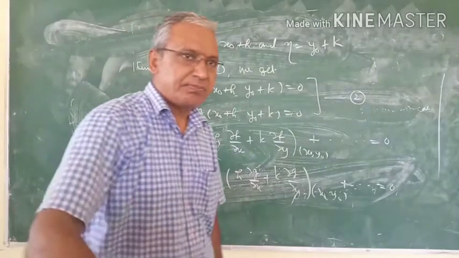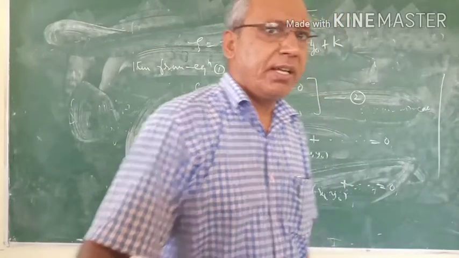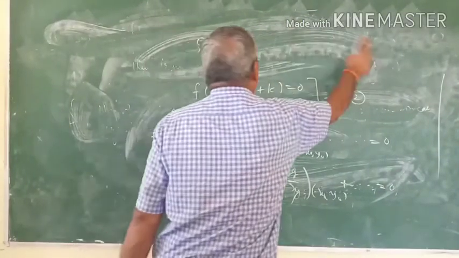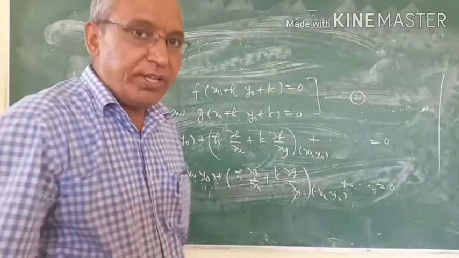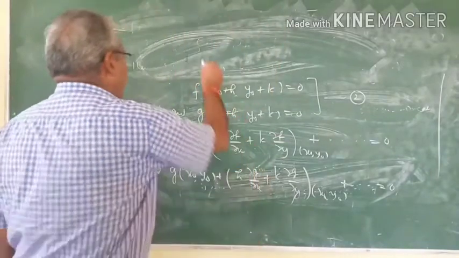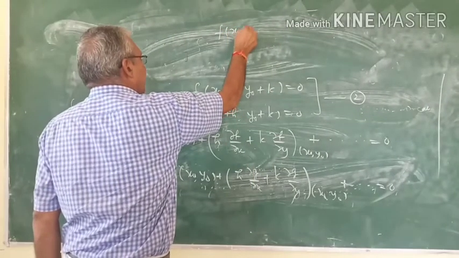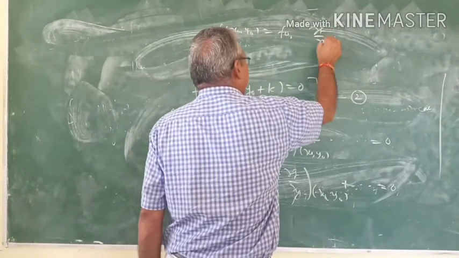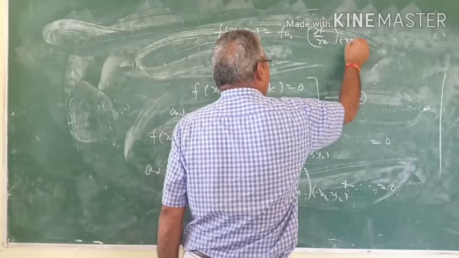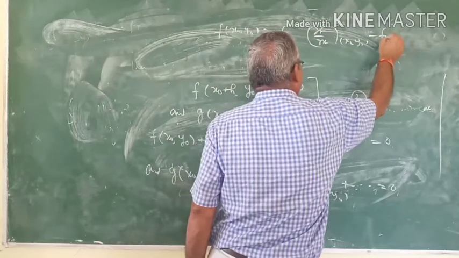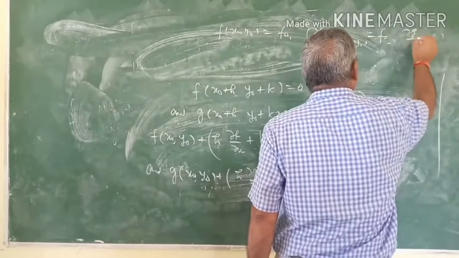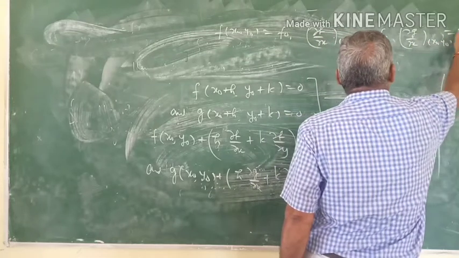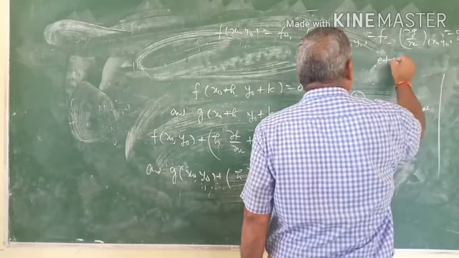Neglecting the second and higher order terms, we denote f(x0, y0) as f0, and del f by del x at the point (x0, y0) as f_x0, and del g by del x at the point (x0, y0) as g_x0, etc.